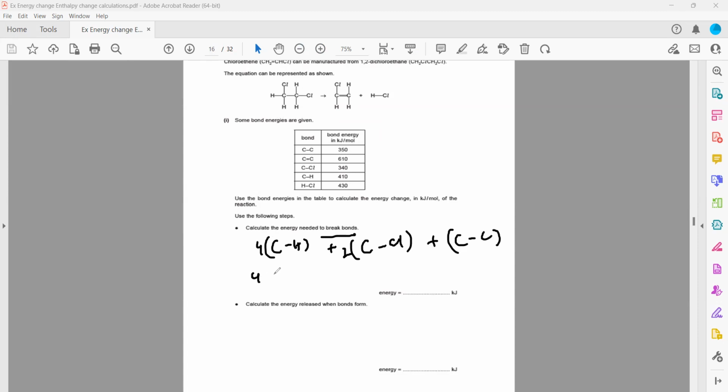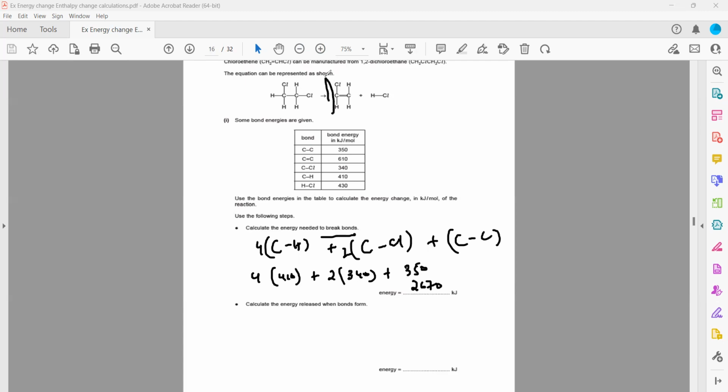So it will be 4 C-H bonds, 410, plus 2 carbon-chlorine, 340, plus carbon-carbon, 350. When we simplify this, we get 2670. So 2670 is the bond breaking.